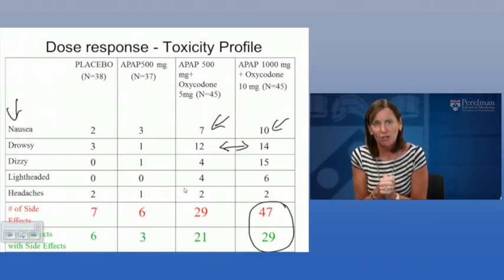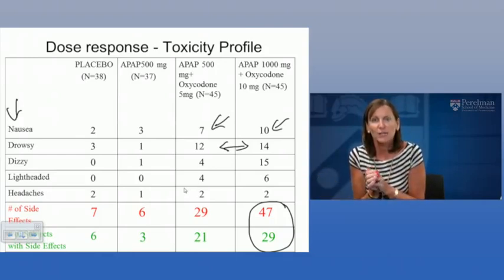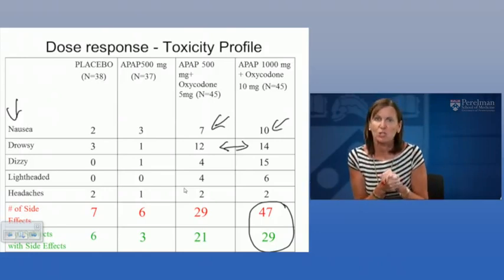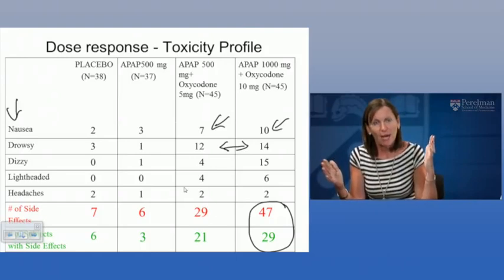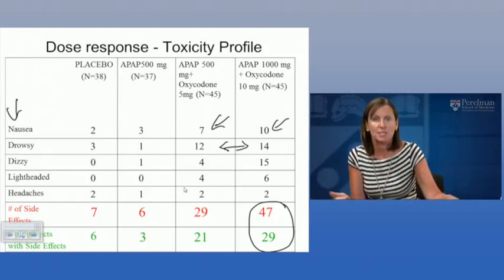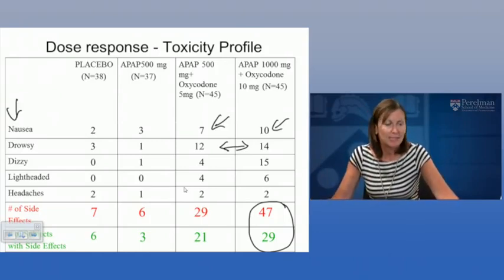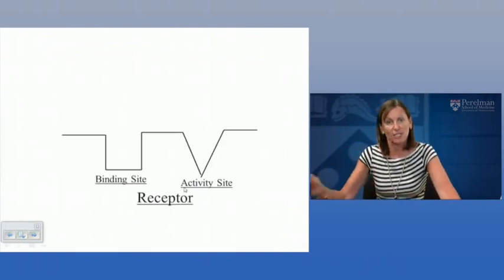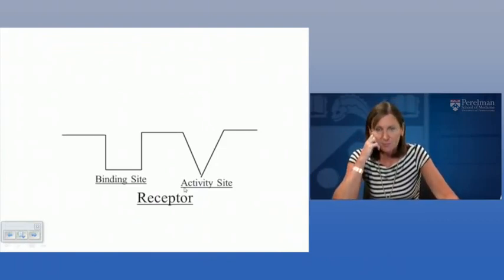In that sort of scenario, we are much more willing to accept a greater spectrum of toxicity from that drug than we would in a patient who's undergoing a dental procedure. So the concept of dose response and balancing efficacy and toxicity always has to be considered within the clinical realm in which the drug is actually being used for clinical purposes.